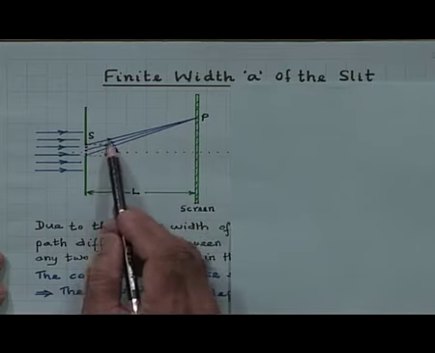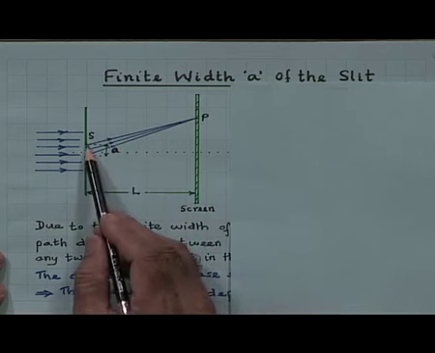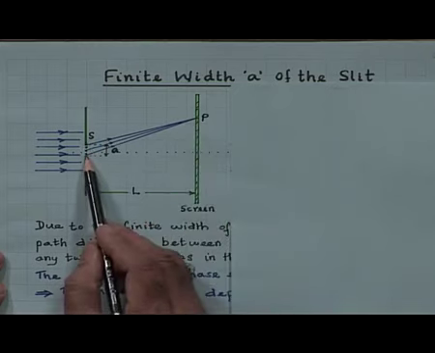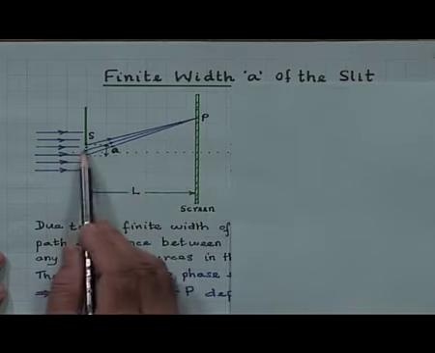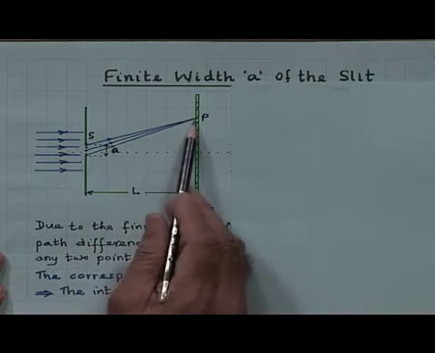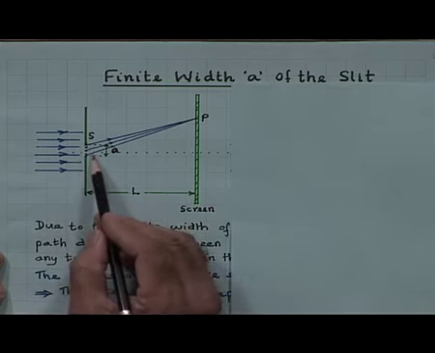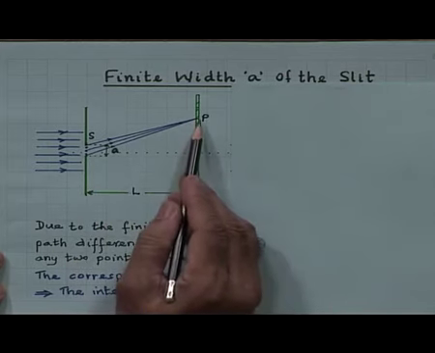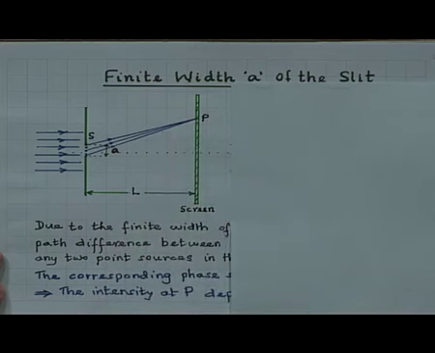If I call this R1, from this extreme end of the slit, the upper end of the slit to the point P, and the lower end of the slit to the point P, because I am now considering a finite width A for the slit, there is a finite difference in the path because of the finite width A, and therefore, if there is a path difference, then there is a phase difference. If there is a phase difference, then the intensity at the point P will get affected by the phase difference.